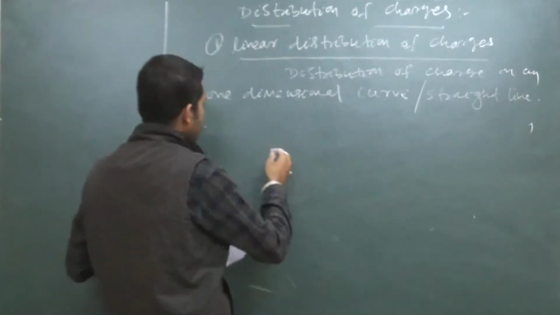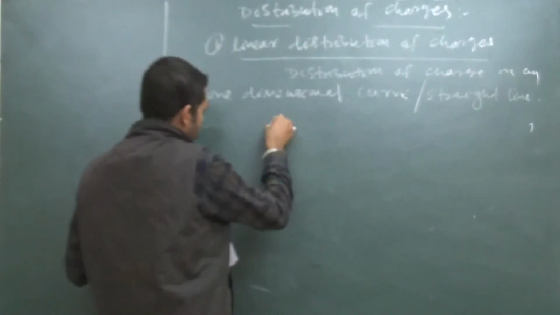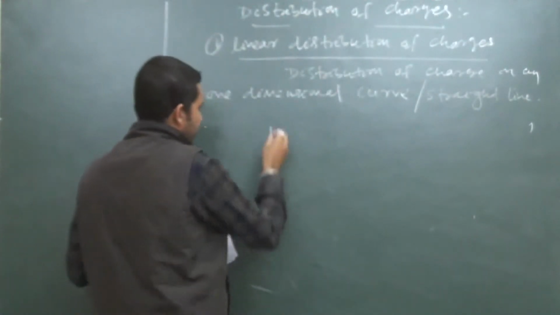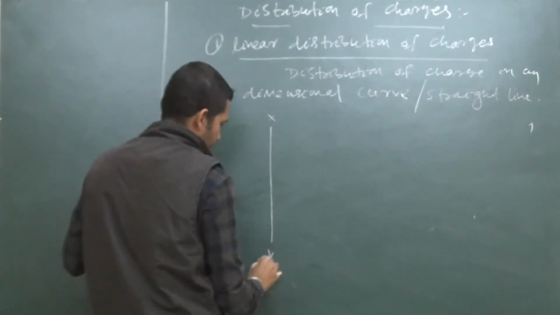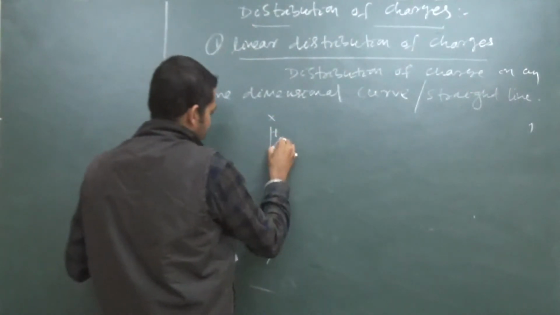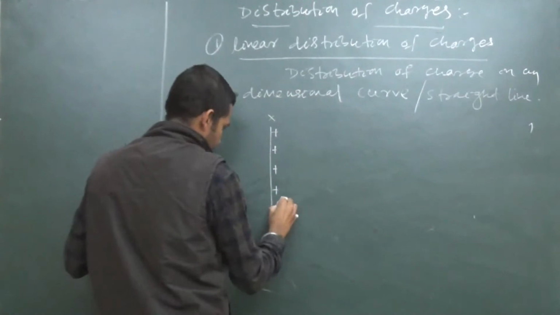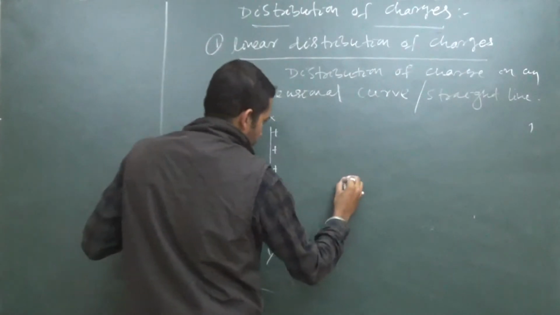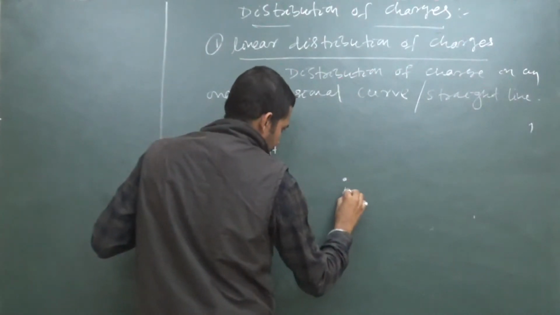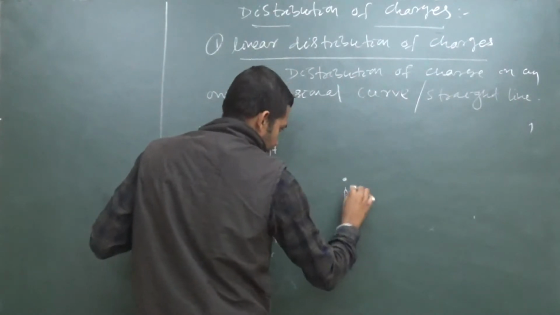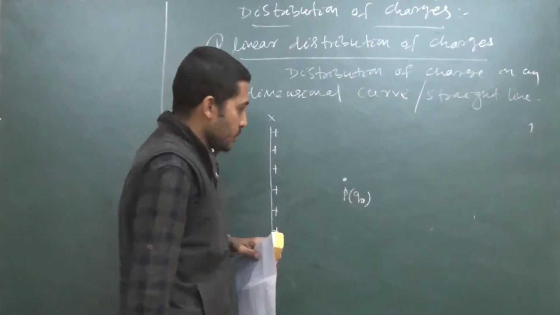What we need to understand here: let us consider I am drawing a line, with x and y axes, and it is given some charge. Let you take a point P containing a test charge Q1.